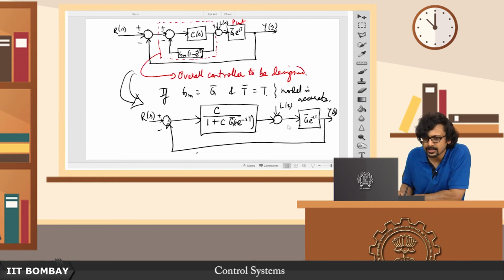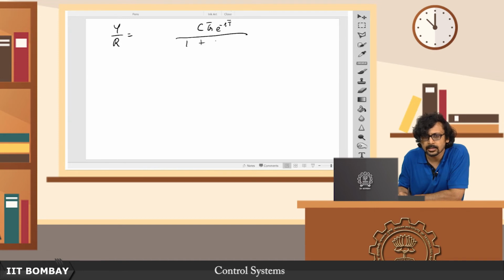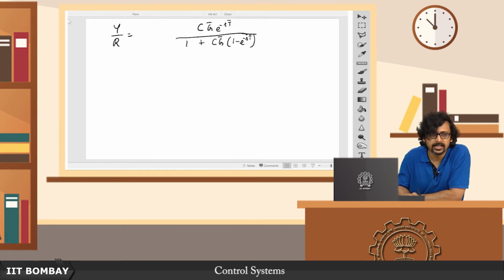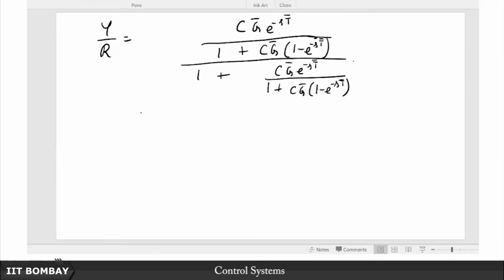So then how are we going to simplify this? Again, let me just write that. So it is Y by R is given by C G bar e to the minus sT bar upon 1 plus C G bar into 1 minus e to the minus sT bar, yeah, I suppose that is what it is, true, divided by 1 plus C G bar e to the minus sT bar upon 1 plus C G bar 1 minus e to the minus sT bar, yeah, subject to the modeling accuracy we have assumed that GM is equal to G bar, as I said.